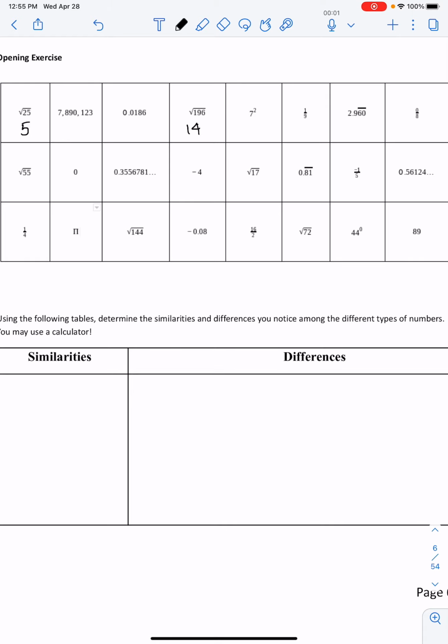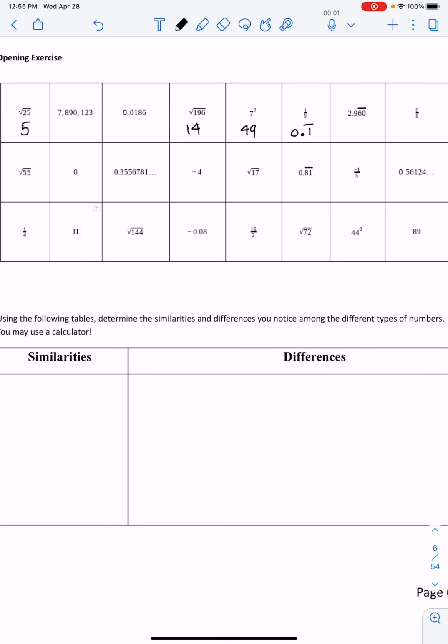We also have some decimals, we have fractions. I'm going to turn them all into different types of numbers here. We have 7 squared, which is 49. We have 1/9, which as a decimal is 0.1 repeating.